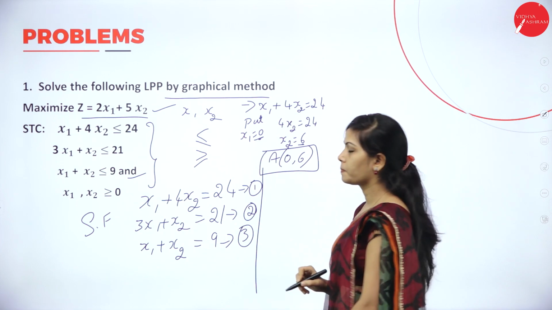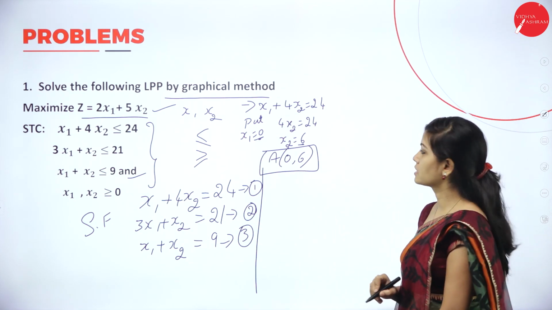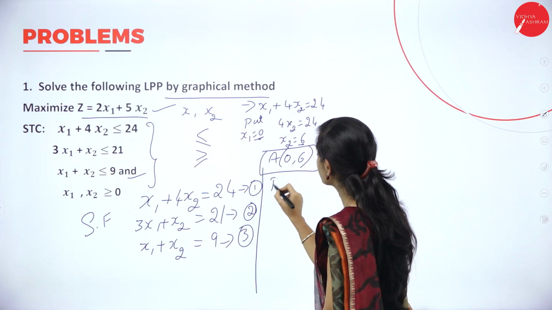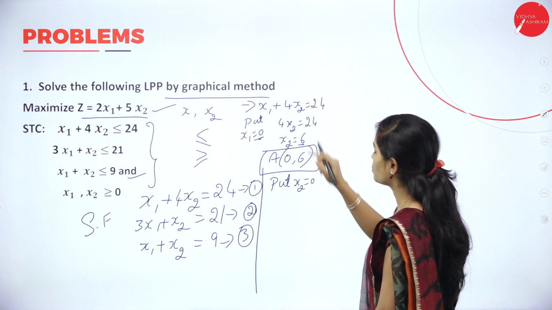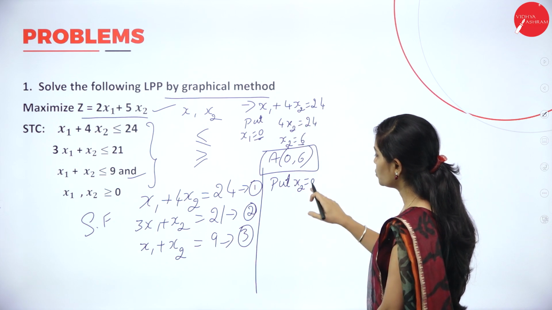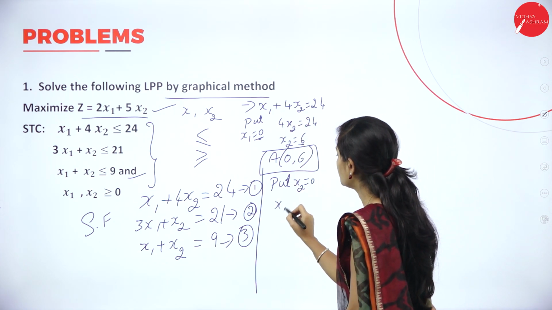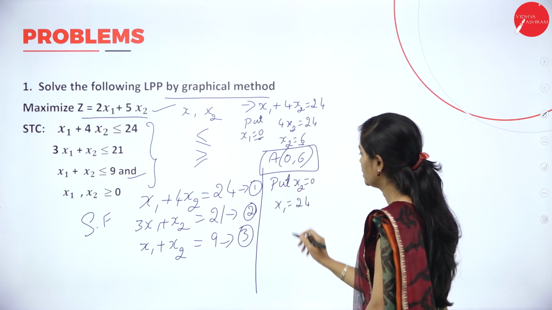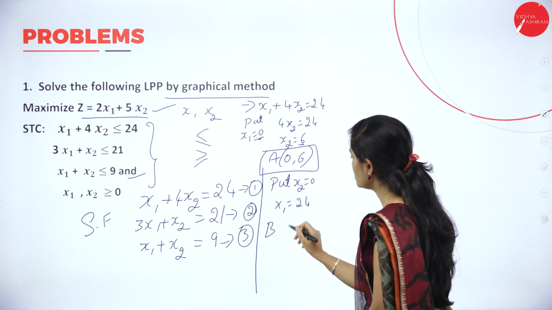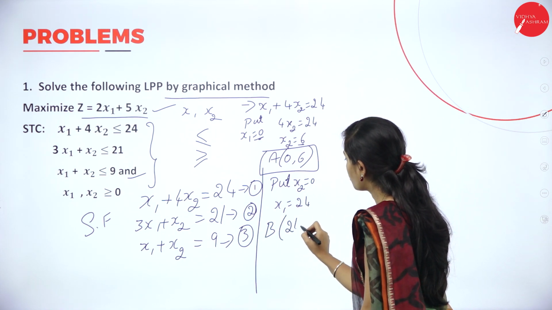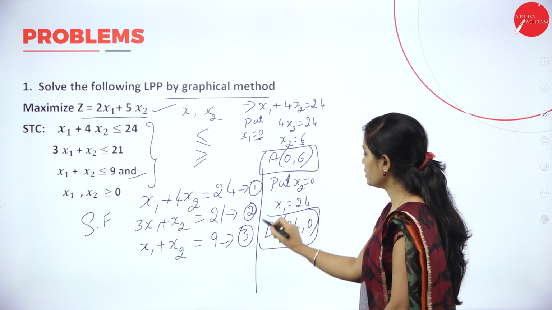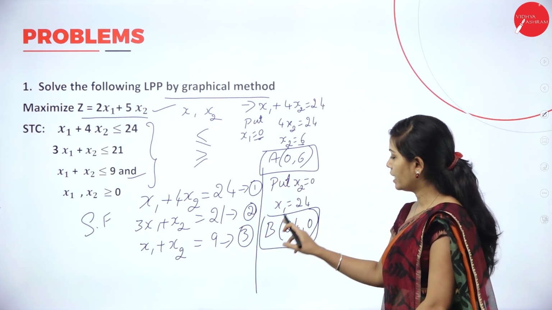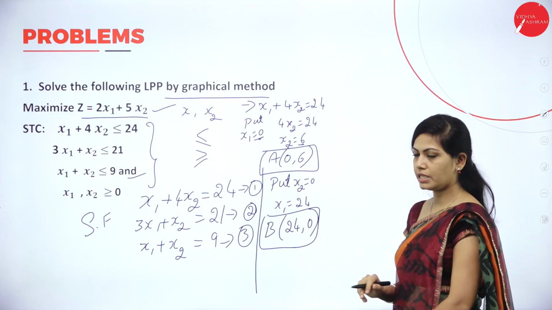Now put x2 is equal to 0 in this equation. So x1 is equal to 24. The second point is 24 comma 0. So here we got two points, A of 0 comma 6 and B of 24 comma 0.